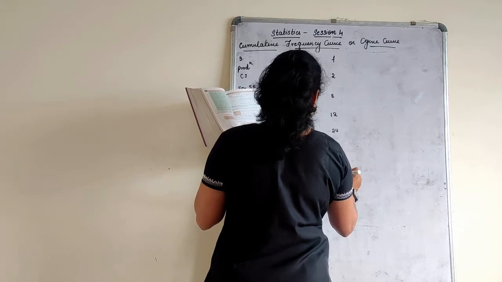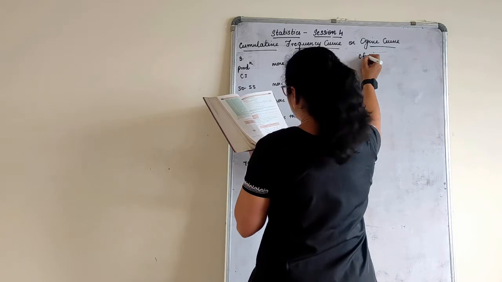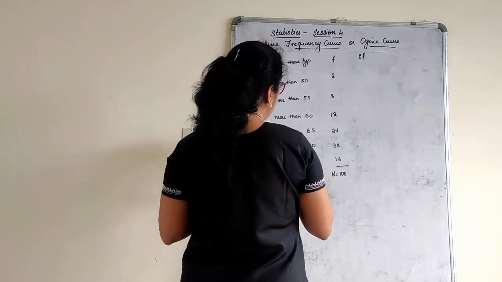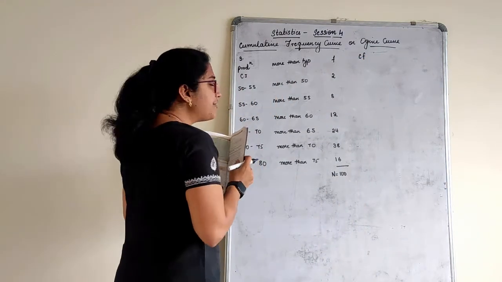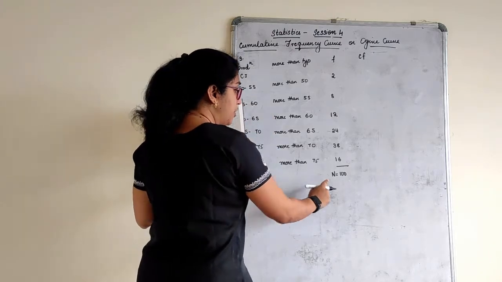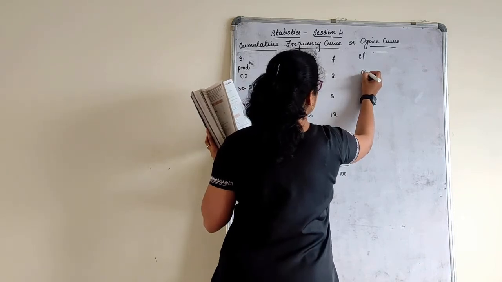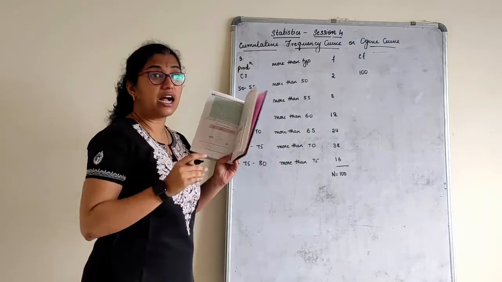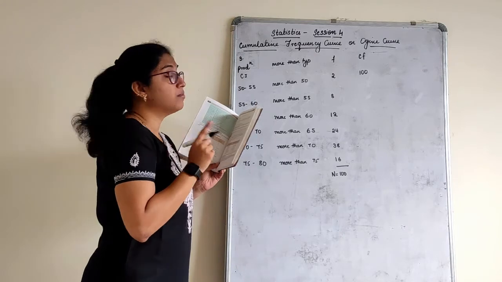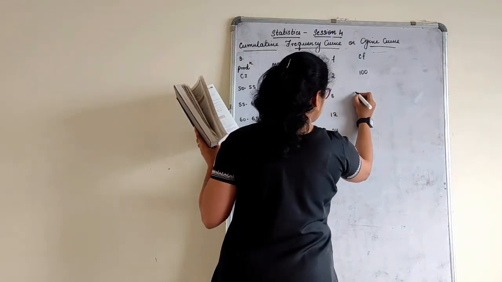N is 100. Cumulative frequency is what we have to calculate for more than type. More than cumulative frequency is a bit different from the less than type. What you have to know. First of all, what is your total score? Right here. 100. Always start from the total score for more than type frequency. Your next number will be here.